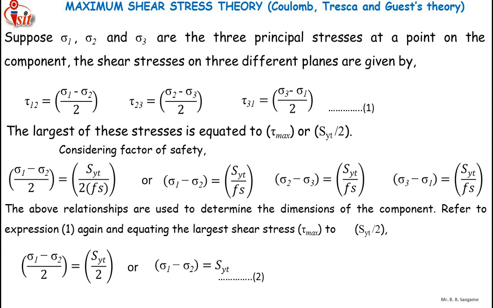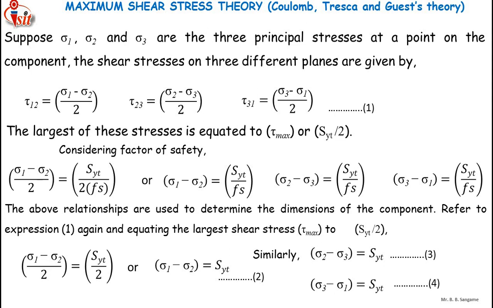This is equation number 2. Similarly, sigma 2 minus sigma 3 equals SYT, and sigma 3 minus sigma 1 equals SYT, and this is equation number 4.